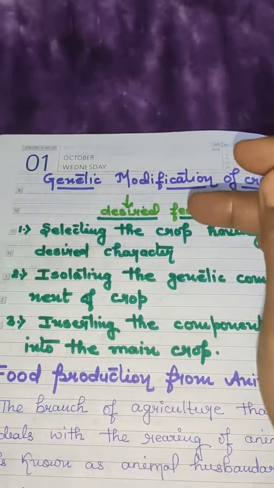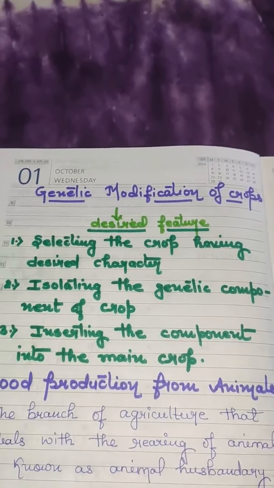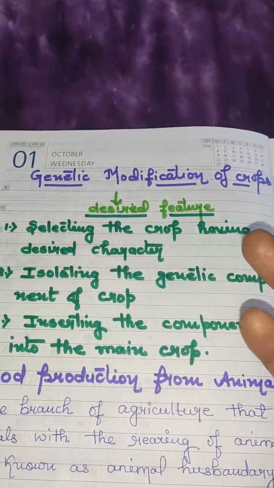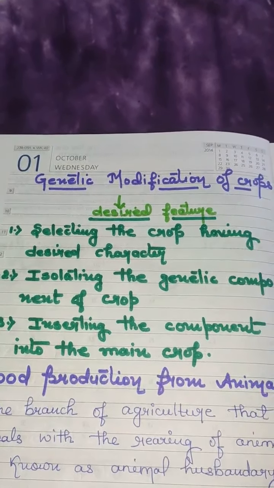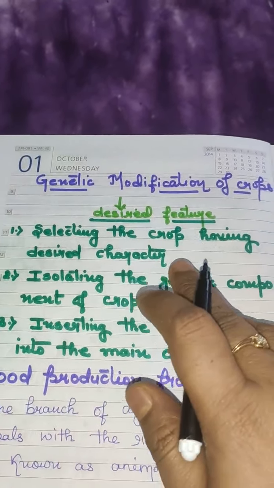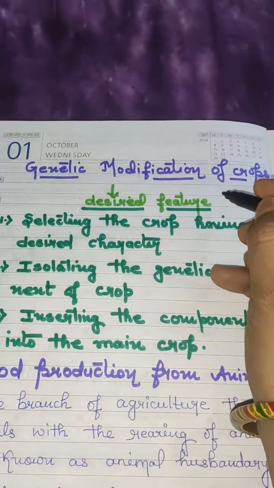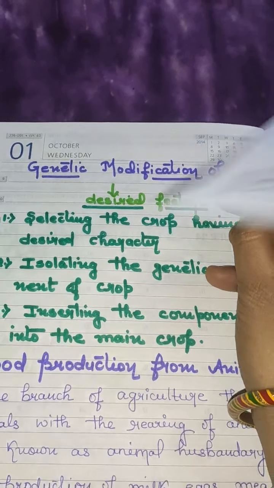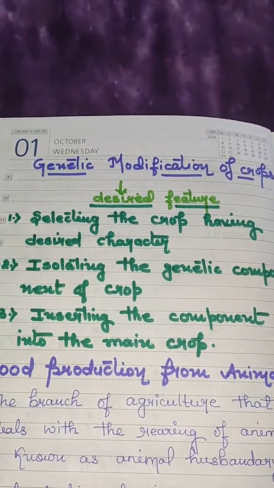So, under the genetic modification of crops, we had discussed hybridization, crossbreeding and various methods done under genetic engineering. Now, what happens in genetic modification of crops? The desired feature is needed to improve the yield of the crop.